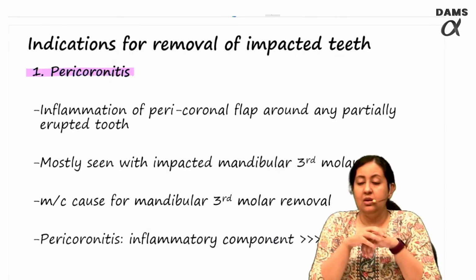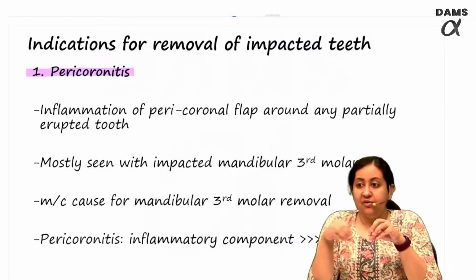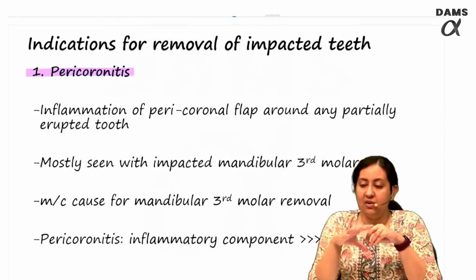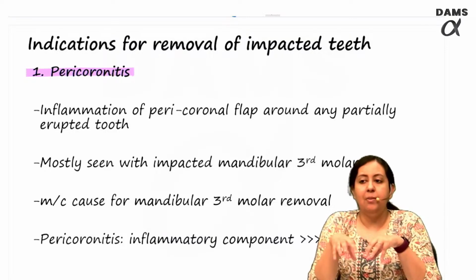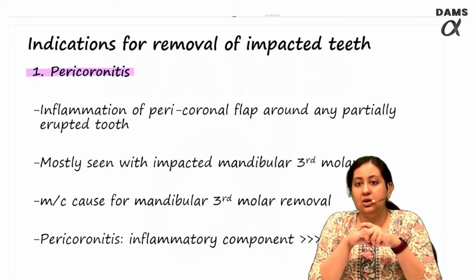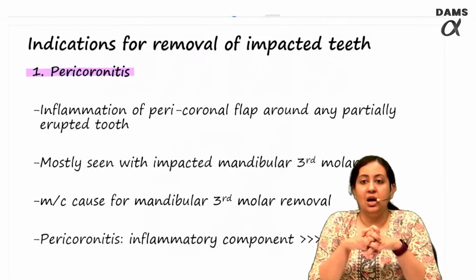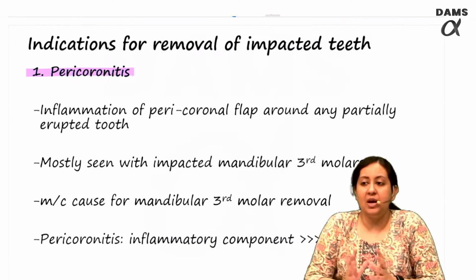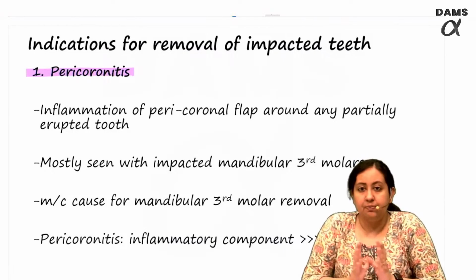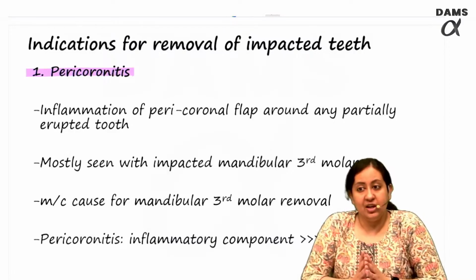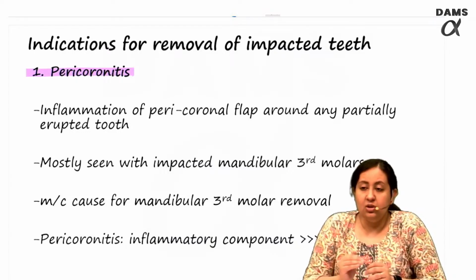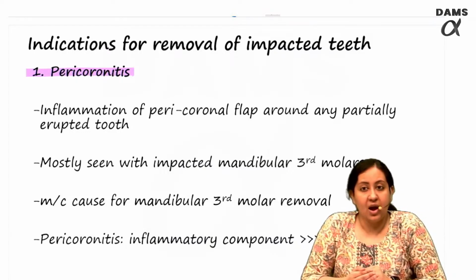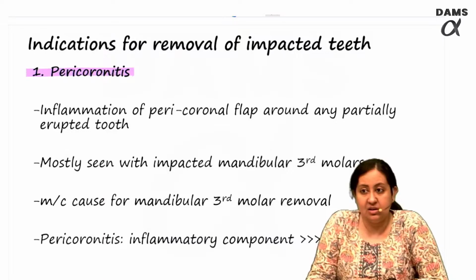The flap or soft tissue covering which surrounds or covers a partially impacted tooth is known as the pericoronal tissue or pericoronal flap. Any inflammation of this surrounding tissue is known as pericoronitis.